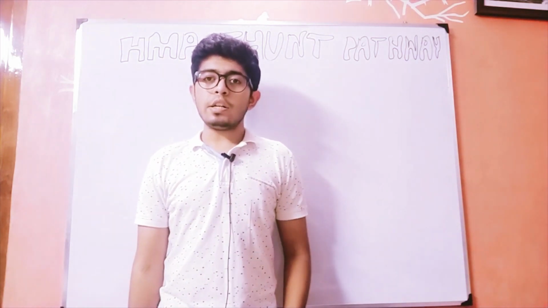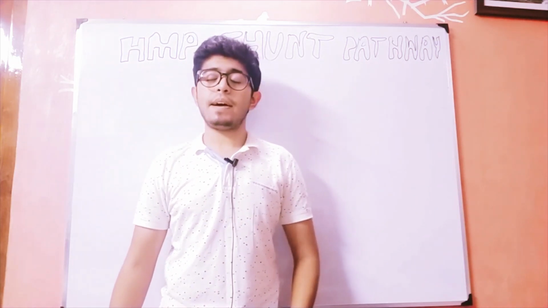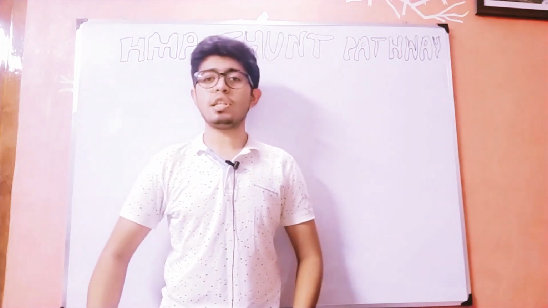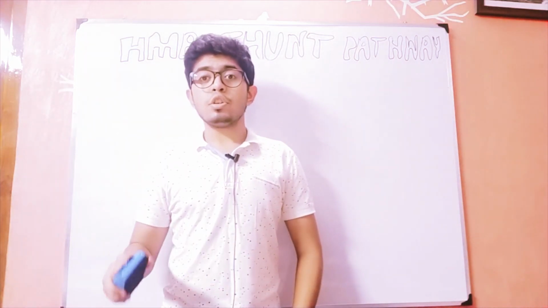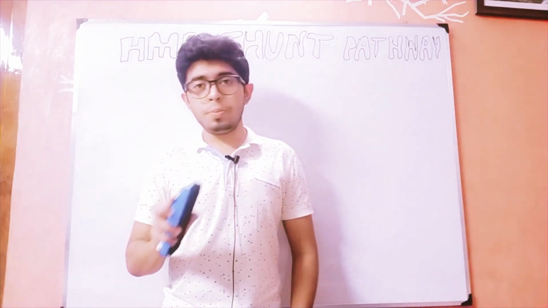Today, our topic of discussion is going to be the pentose phosphate pathway, or the HMP shunt pathway, or hexose monophosphate shunt pathway. The pentose phosphate pathway is a process by which a glucose molecule is used up by some of the cells not to produce ATP.